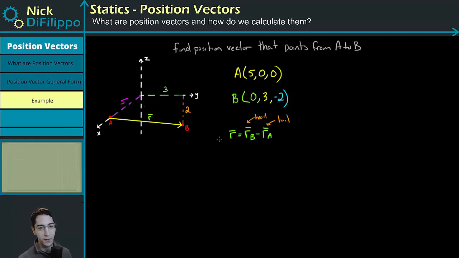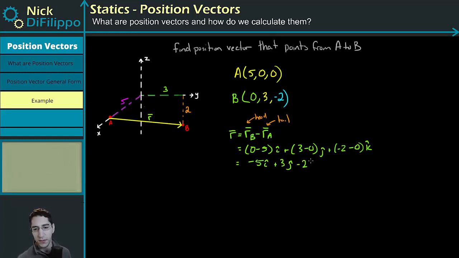And if we use that equation we just had, this is going to be equal to 0 minus 5 i plus 3 minus 0 j plus minus 2 minus 0 k. Simplifying, we get minus 5i plus 3j minus 2k.